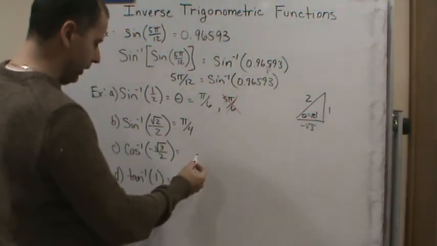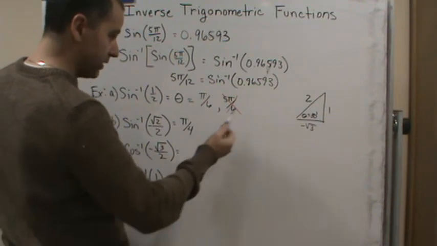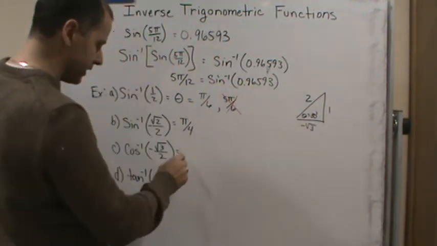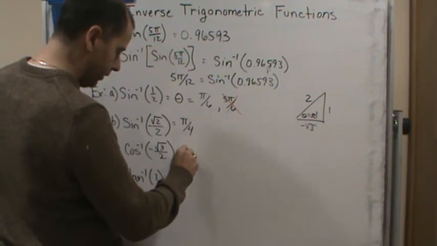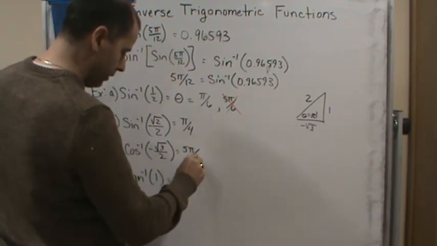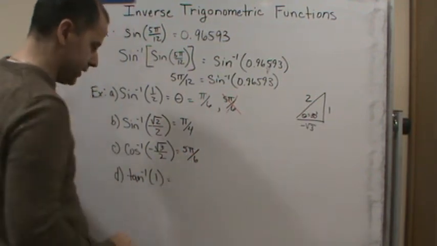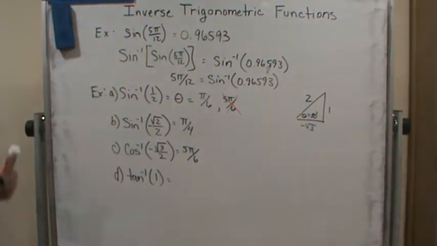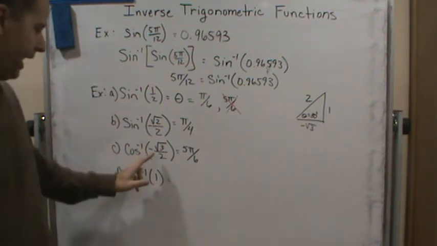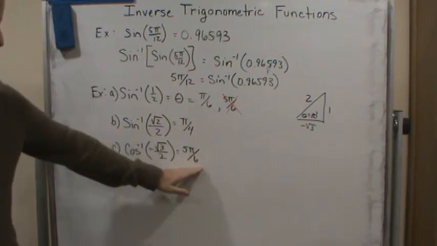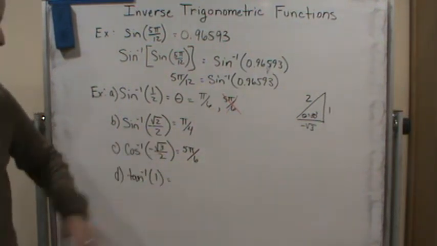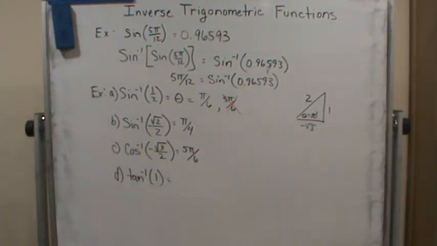The angle is going to be pi over 6, but in this case, it's going to be 5 pi over 6. Because the reference angle is a 30 degree angle. The reference angle is pi over 6. But since we have to be in the second quadrant, the angle is going to be 5 pi over 6.